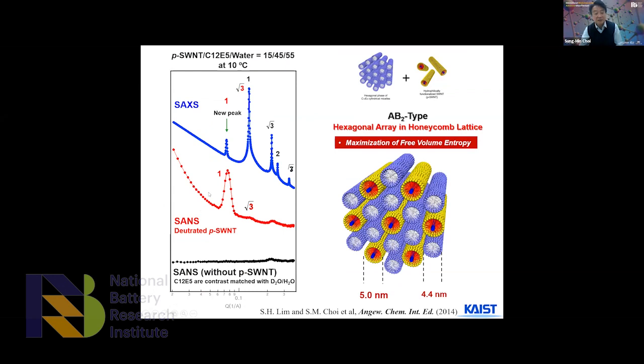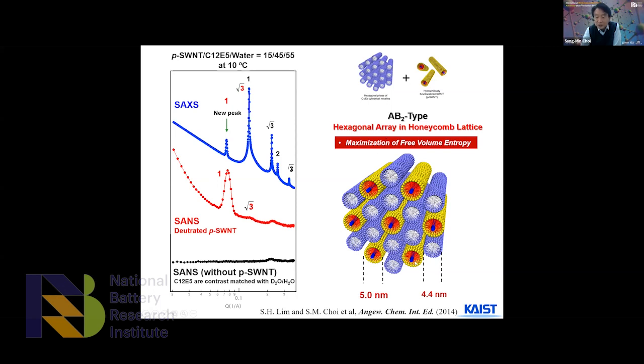So basically the structure is this: the yellow tubes form a hexagonal array, which is embedded in the honeycomb structure of this blue tube.